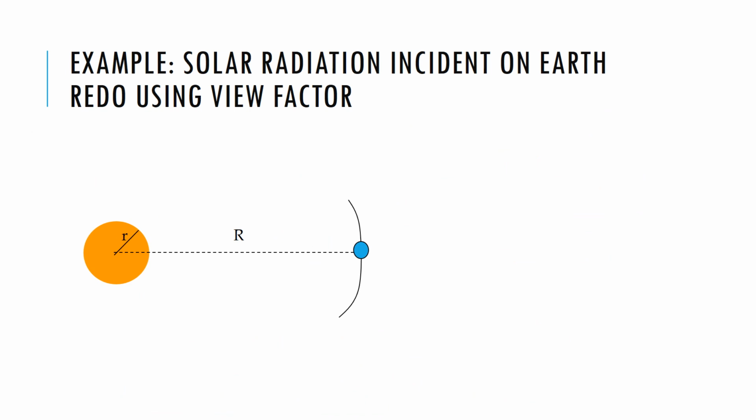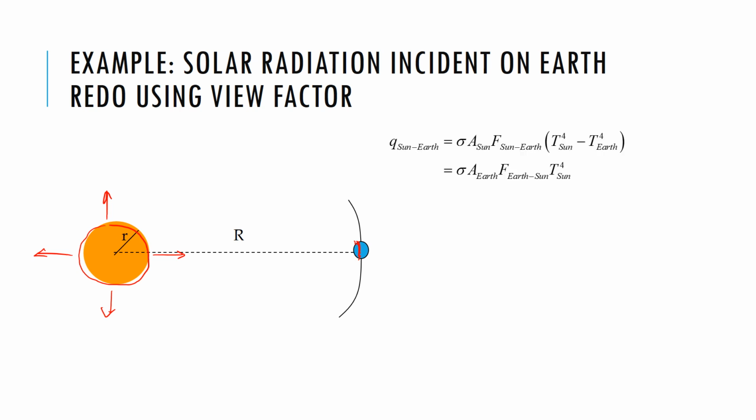So we are now going to use the formula just derived to find the solar radiation incident on Earth. This would be an alternate calculation of something we had already done. Here is the sun that's radiating in all directions, and only a small part of it is going to be intercepted by the Earth's surface, and we want to know what is the energy incident per unit area of this surface.